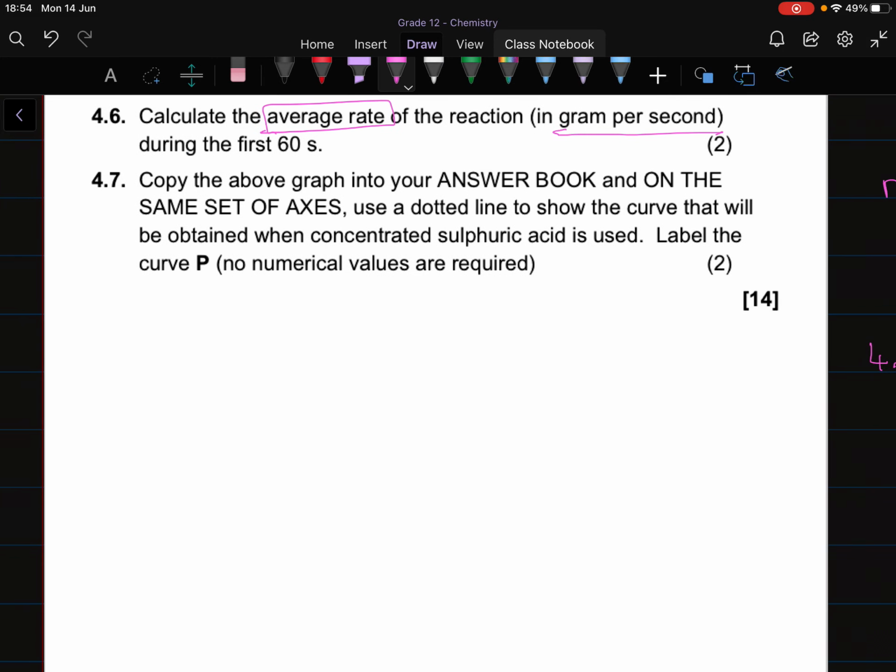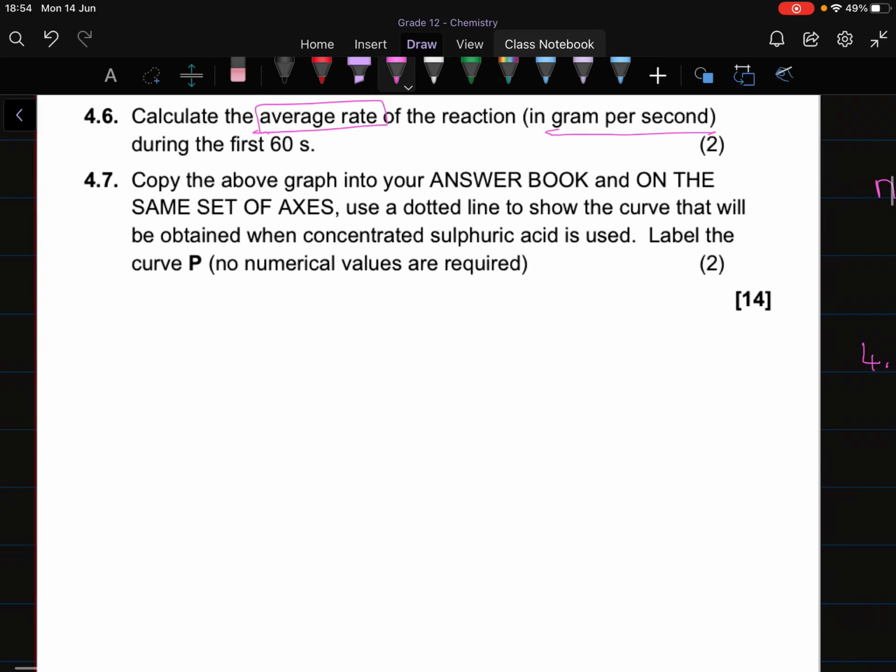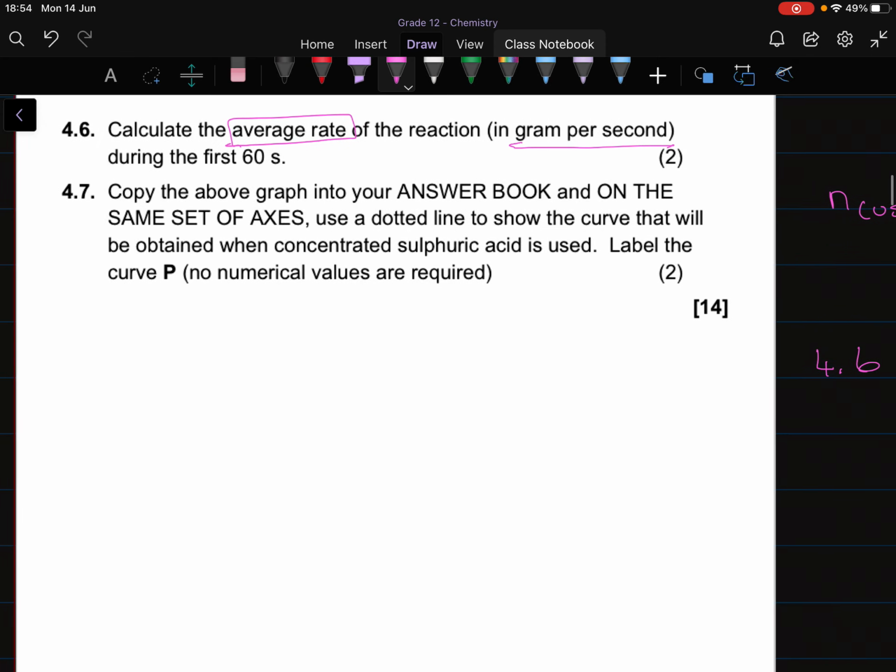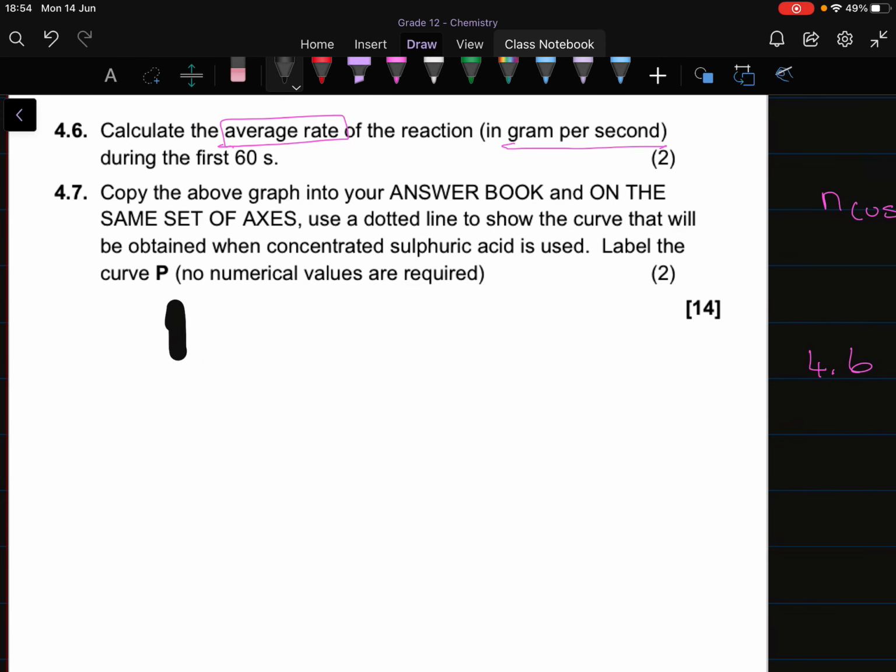Last question. They say, copy the above graph into your answer book, and on the same set of axes, use a dotted line to show the curve that will be obtained when concentrated sulfuric acid is used. Label the curve P. First of all, when I do a question like this, and this is the important thing because this is what you guys forget, I need my original graph.